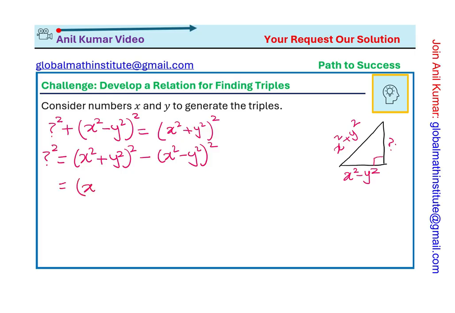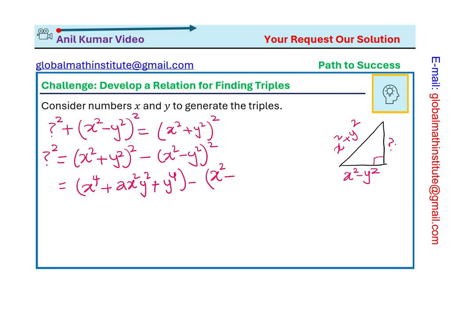In the previous page, we get x to the power of 4 plus 2x square y square plus y to the power of 4, minus x to the power of 4 minus 2x square y square plus y to the power of 4.